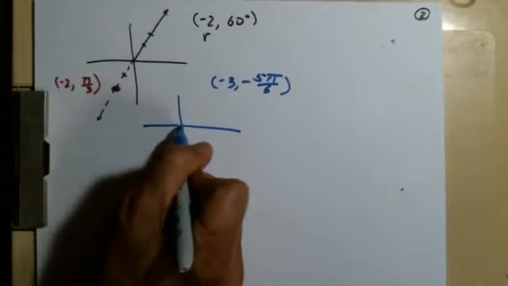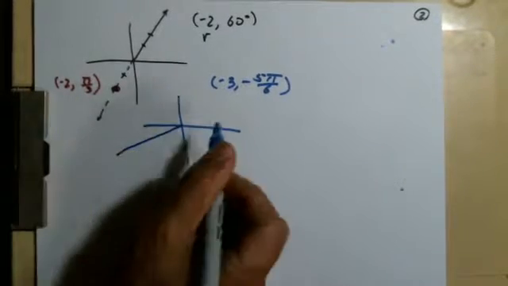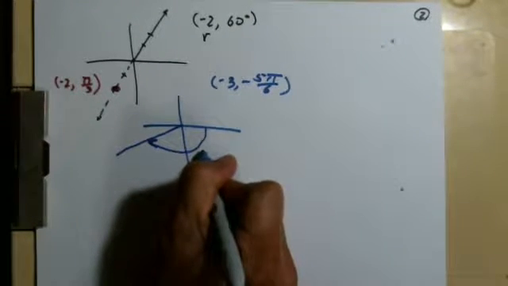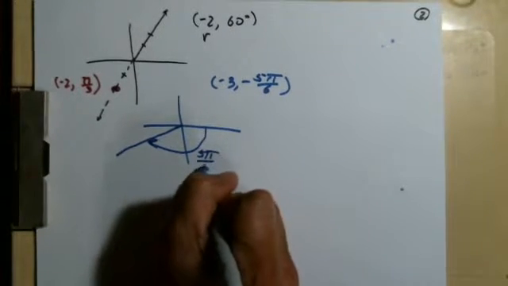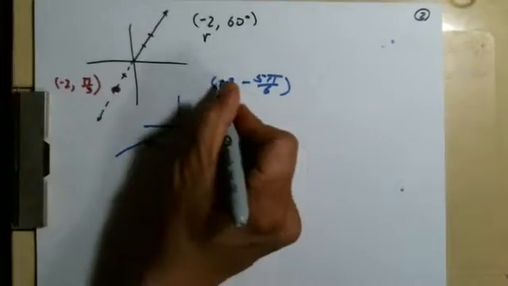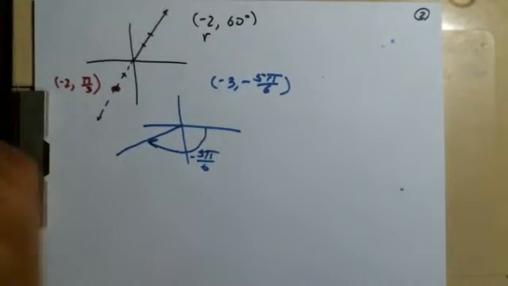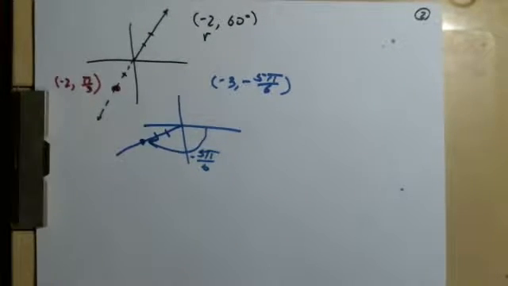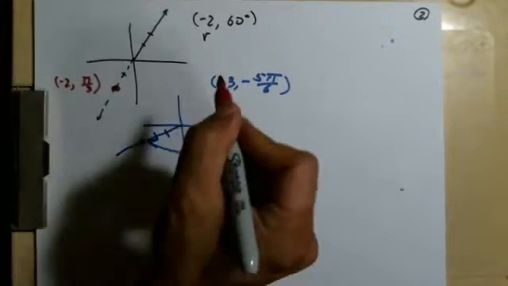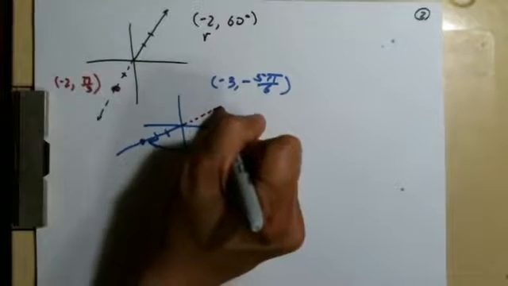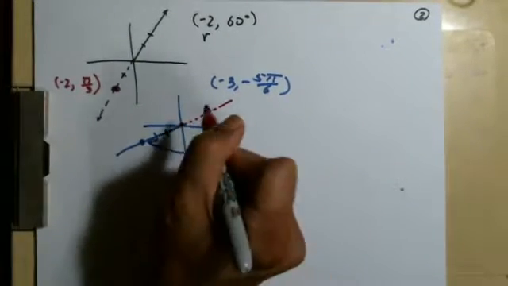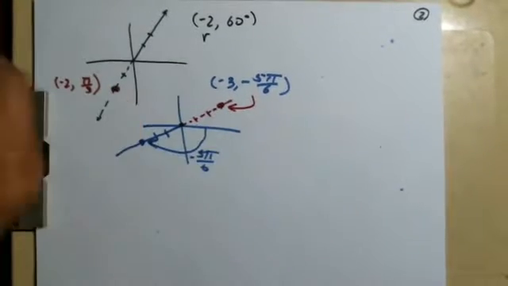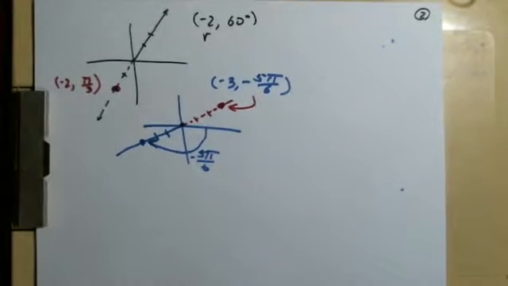So first thing we do is we draw out the angle, which is 5 pi over 6 in radians. Negative, of course. And this negative is going to throw you off. Instead of going, this would be like a positive 3, you have to go to the opposite direction. It is a reflection about the origin. So you go 1, 2, 3. And there's your point right there. Okay, get the point? I hope you got the point.